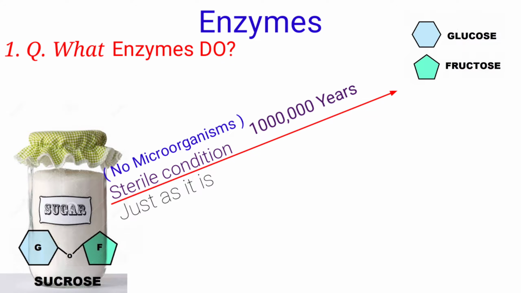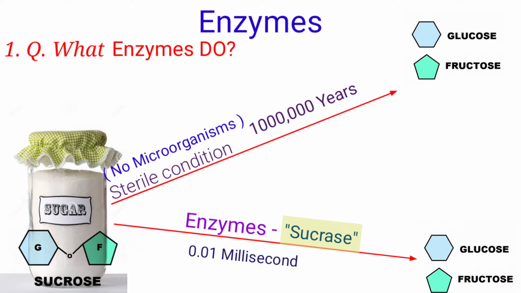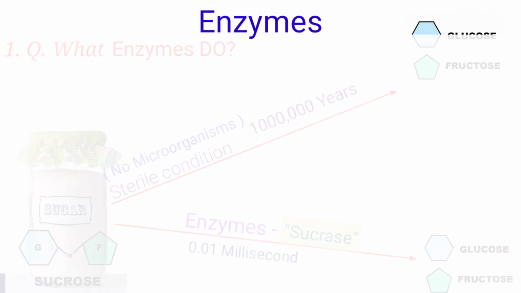But when you add a small amount of enzyme, known as sucrase, which acts on the sucrose, within a millisecond or fraction of a second, you will find that sucrose is converted into fructose and glucose. That is the power of an enzyme.